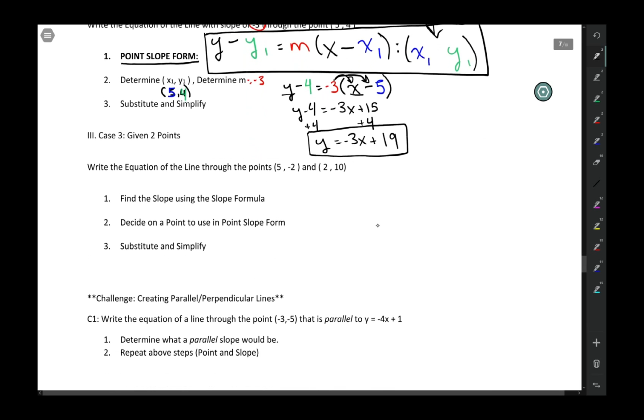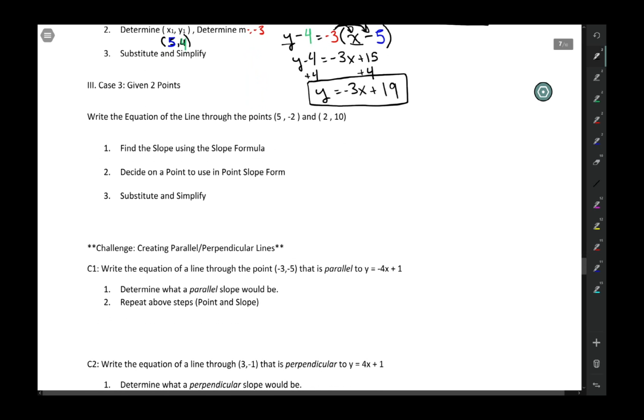The last case, kind of the most challenging of them all for these, is write the equation through the points. So now we're given 2 points. Well, that means first we need to find the slope, which is what you did yesterday. So slope, if you recall, is m equals y2 minus y1 all over x2 minus x1.